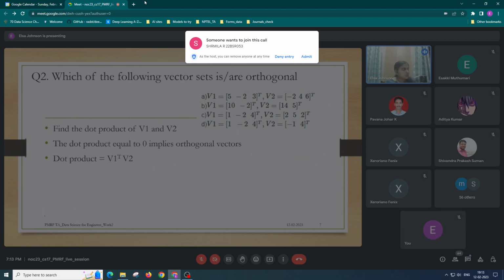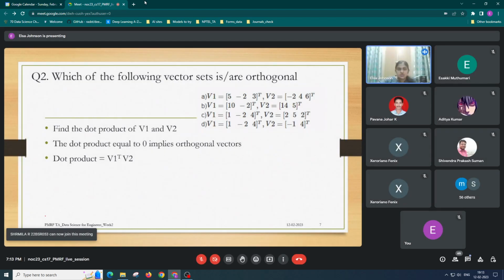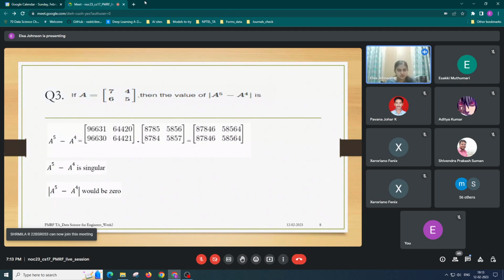If any doubt is there, you can ask. The next one is A equal to 7465. We have to find the determinant of A raised to 5 minus A raised to 4. I've just given the answers here.